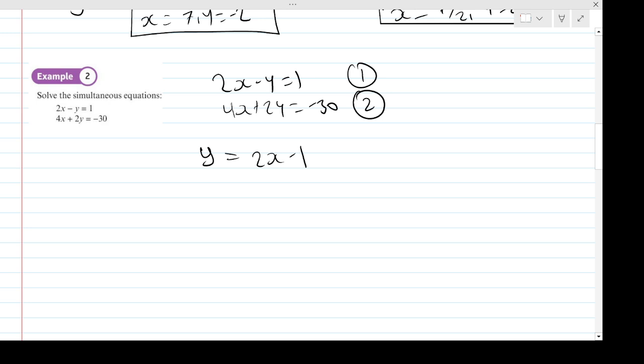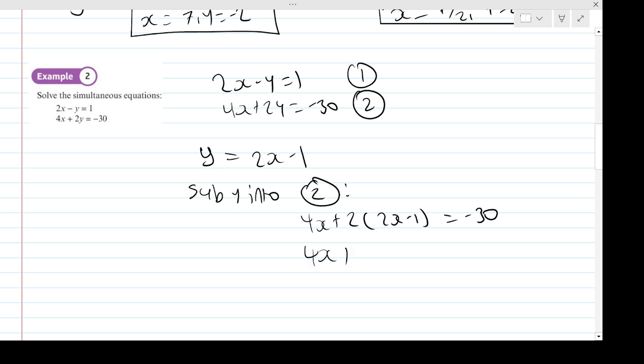So then, because that's from equation 1, I need to substitute it into the other equation to get some actual information out. So I'm going to sub y into the other equation, which is 2. Then 4x add 2 lots of 2x minus 1 equals minus 30, which gets me an equation just for x, which I can solve quite easily. So then 4x add 4x minus 2 is minus 30.